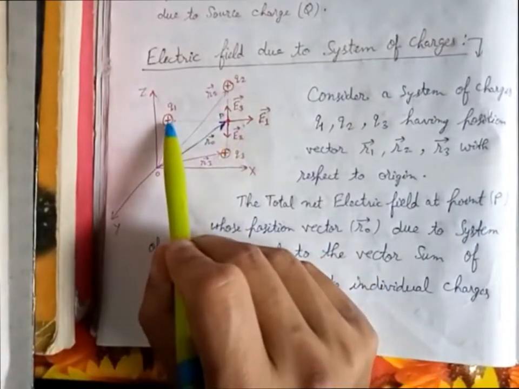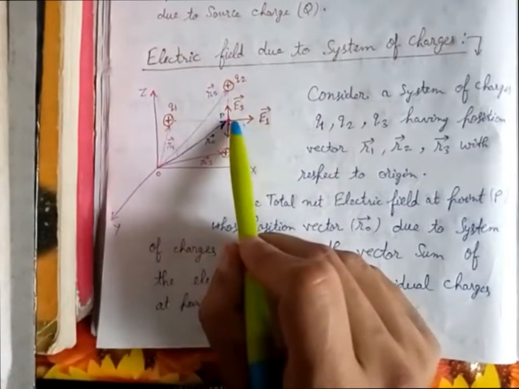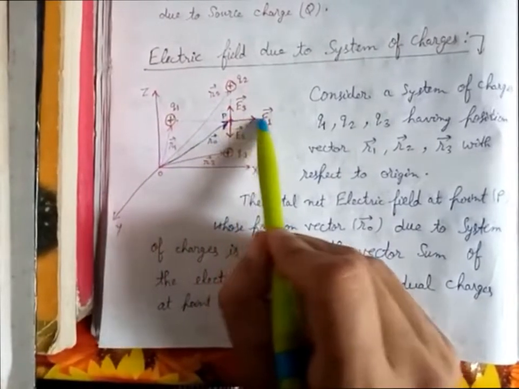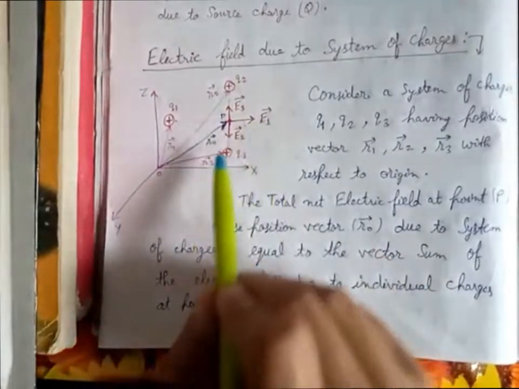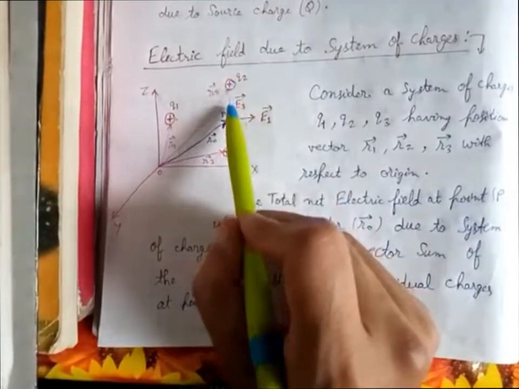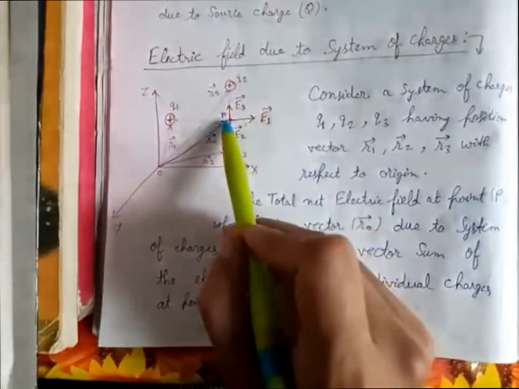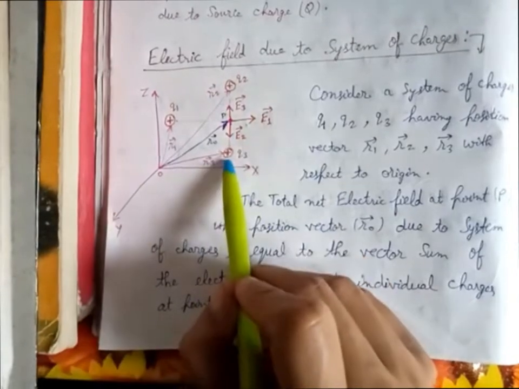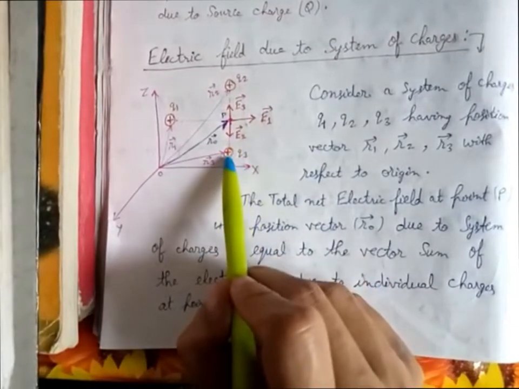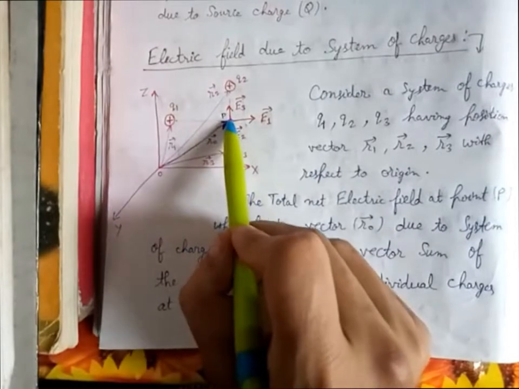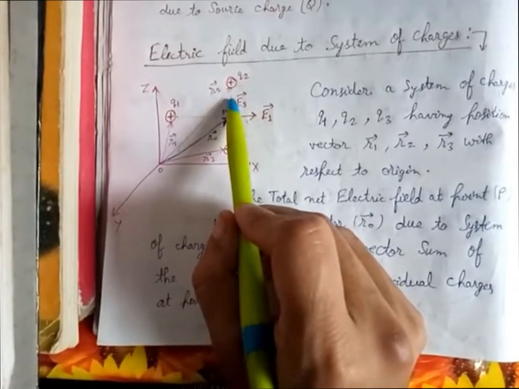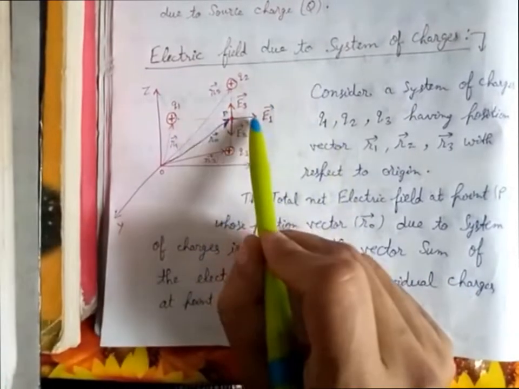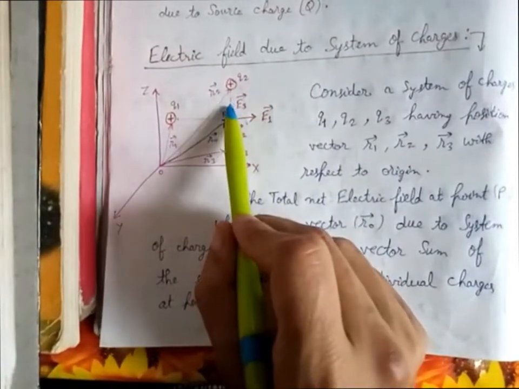First we will take the effect of Q1 charge, and we have to find the electric field at point P due to Q1, that is E1 in this direction. And second, we have to find the electric field due to Q2 charge, that is in the downward direction, that is E2. And third, we have to find the electric field due to the Q3 charge at point P, that is E3. Then the total net field at point P will be the vector sum of E1 plus E2 plus E3.